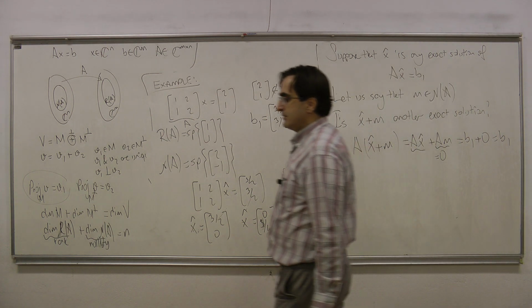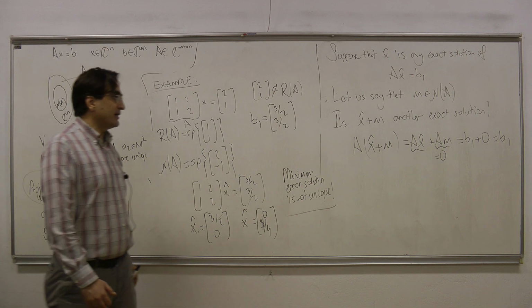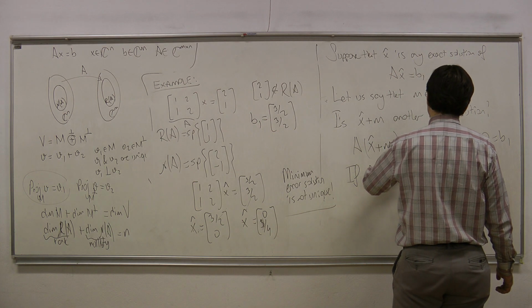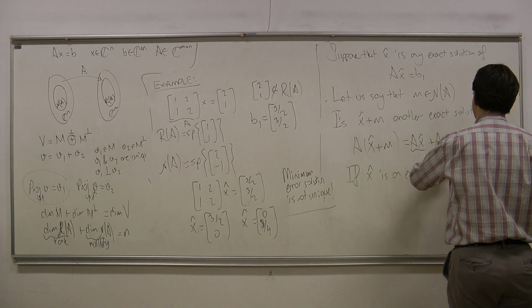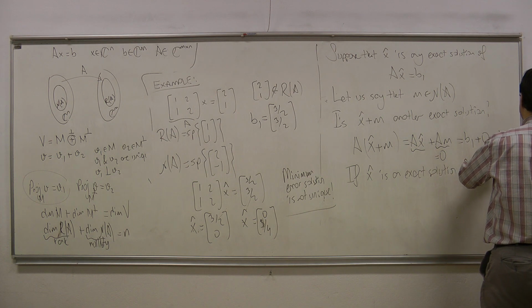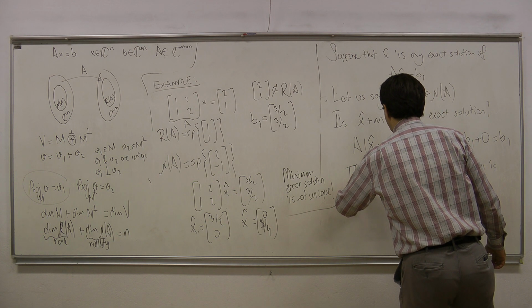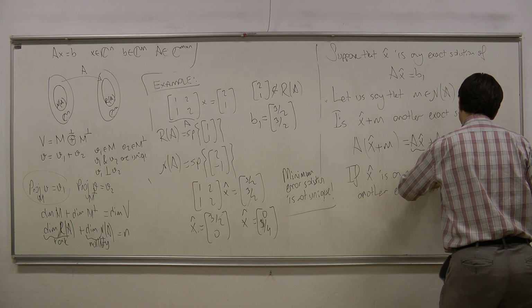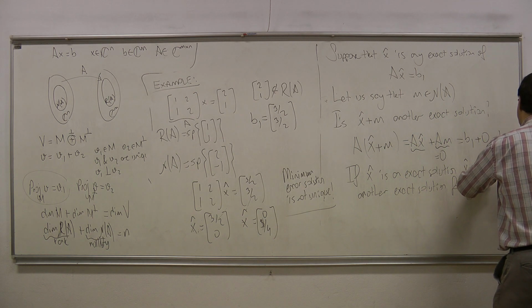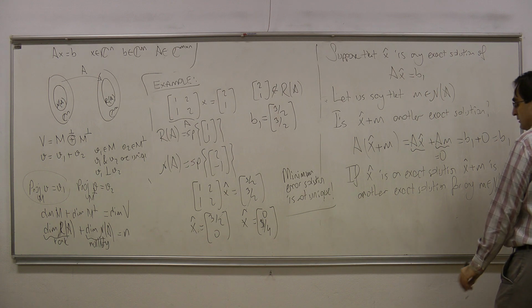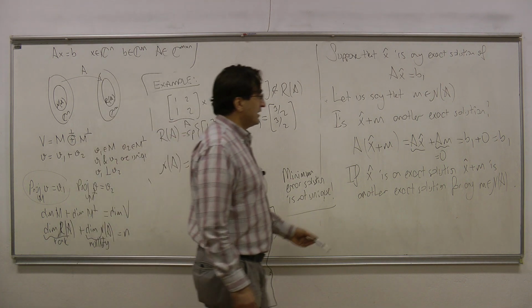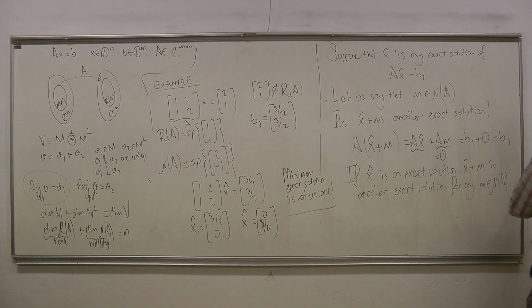So that means that if X set is an exact solution, X set plus M is another exact solution for any M in the null space of A. For any vector in the null space of A, X set plus M is another exact solution, if X set is an exact solution.